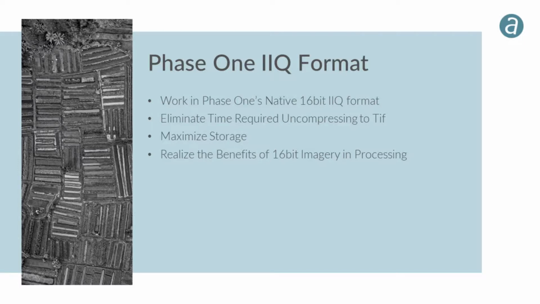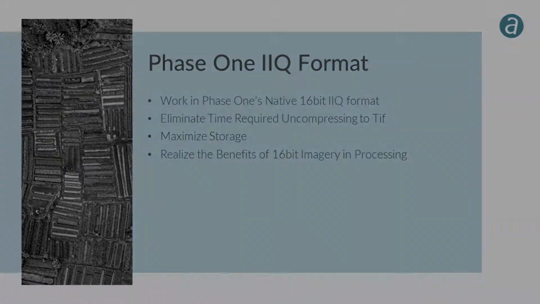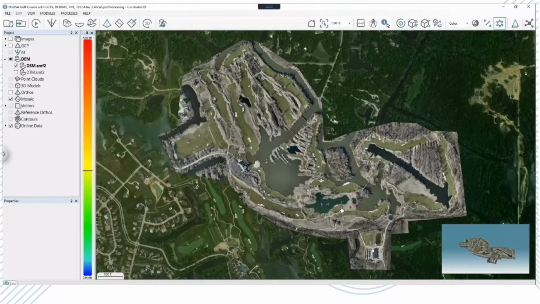But one of the ways that their cameras provide such quality images is that it captures rapidly. And to capture rapidly means it has to capture it in 16-bit so that it's got a range to work with. So it's kind of like capturing a raw image. And on their end, this IIQ format is their proprietary compression tool that allows you to work with that.